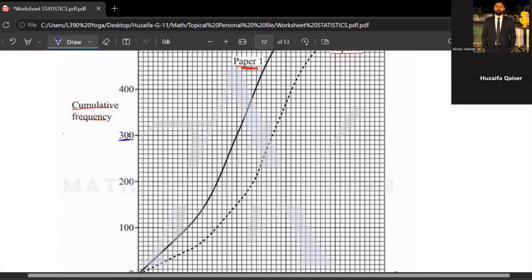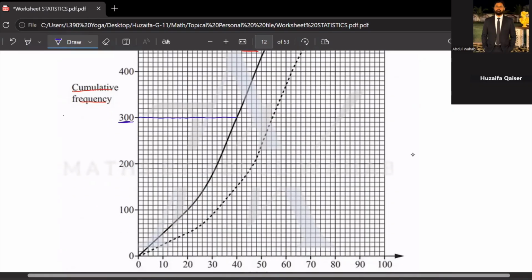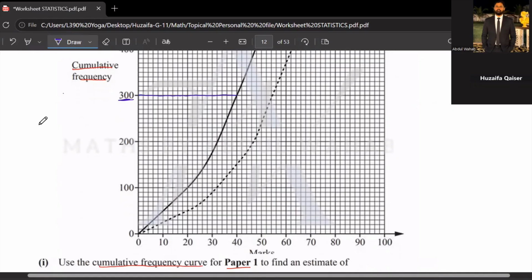How to find the median? This is paper 1. You are working on paper 1. Just draw a proper sharp line with a pencil and a scale, across to the curve of paper 1, because we are working for paper 1. Now use your scale and pencil and draw this line.